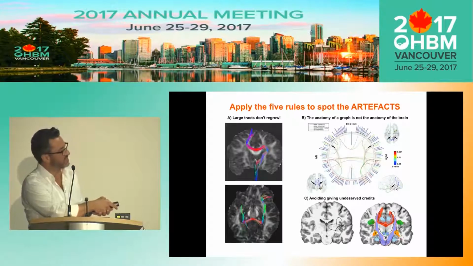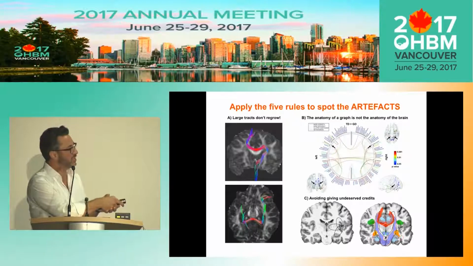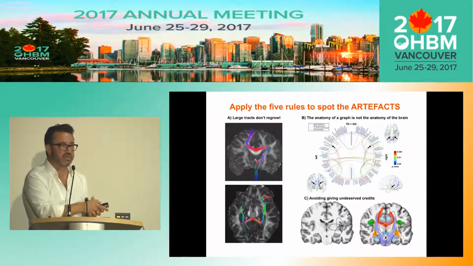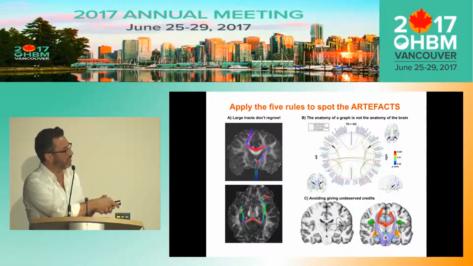Now, are we going to apply these rules for survival to this type of example? So the first type of connection, someone is giving you this. This is a patient who has recovered brilliantly from stroke, and now you see a connection that goes from the internal capsule, crosses, so it's a projection, crosses the midline, and projects into the contralateral motor cortex.